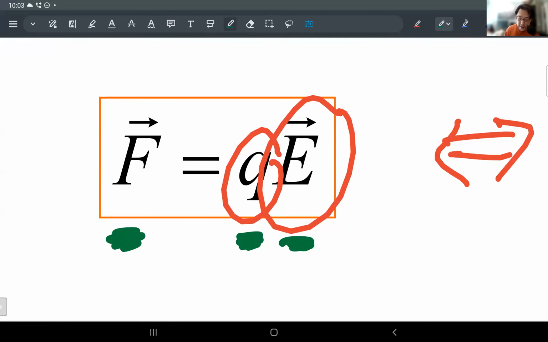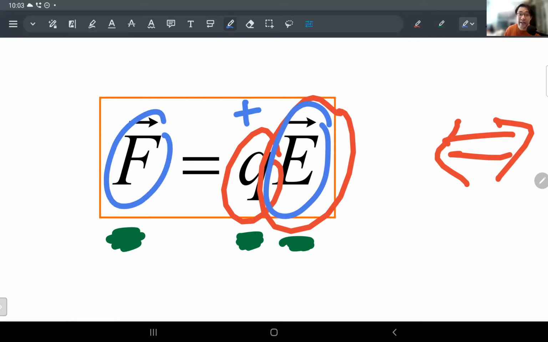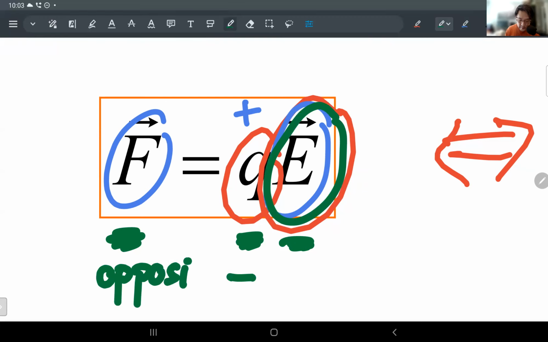What it means is if you are looking at a positive charge inside a field, wherever the field is pointing to, the force will point in the same direction as the field. And if you have a negatively charged particle, then whatever the field is pointing to, the force will point opposite.